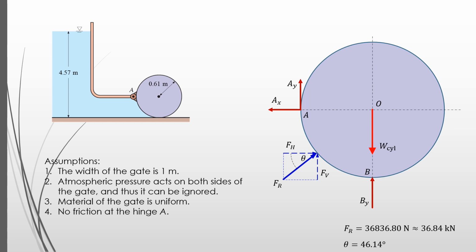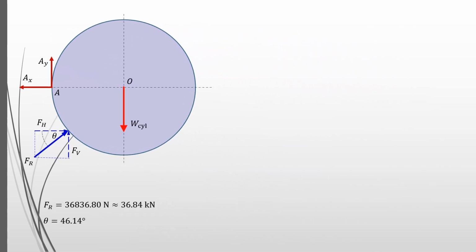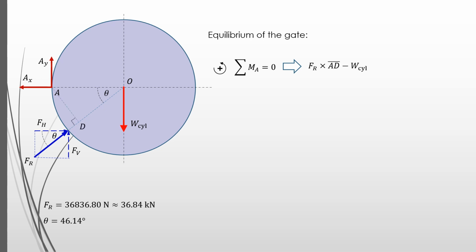Note that when the gate starts to open, the reaction at B becomes zero. This is the free body diagram of the cylindrical gate. Applying equilibrium of moments of the gate about point A, we have Fr times AD minus W_cyl times AO equals 0.